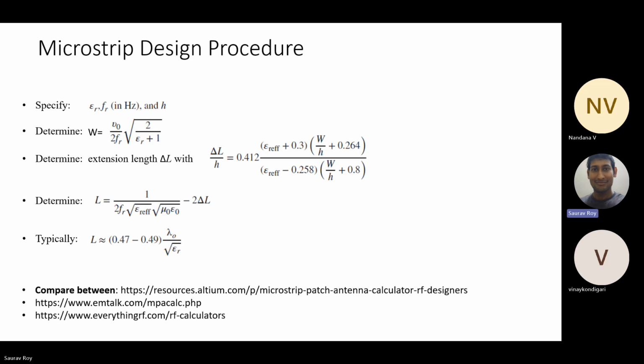If your epsilon, frequency and H are given, they will calculate L and W. I want you to use their calculation, also calculate using these formulas, and see how it varies or matches. Please look into that for the next tutorial, and note down these links.